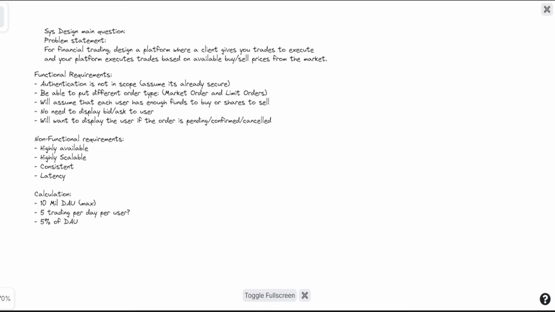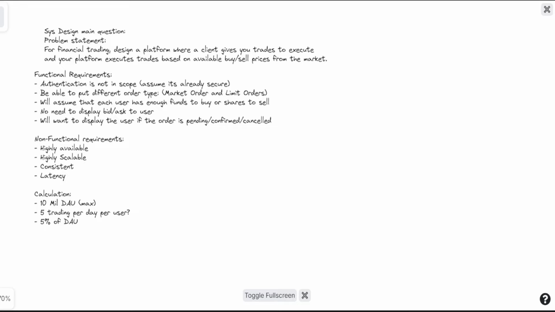Okay, yeah. Compared to the 5 trades per day per user, we'll just calculate the one with the high frequency, because those are the ones who are very quick.